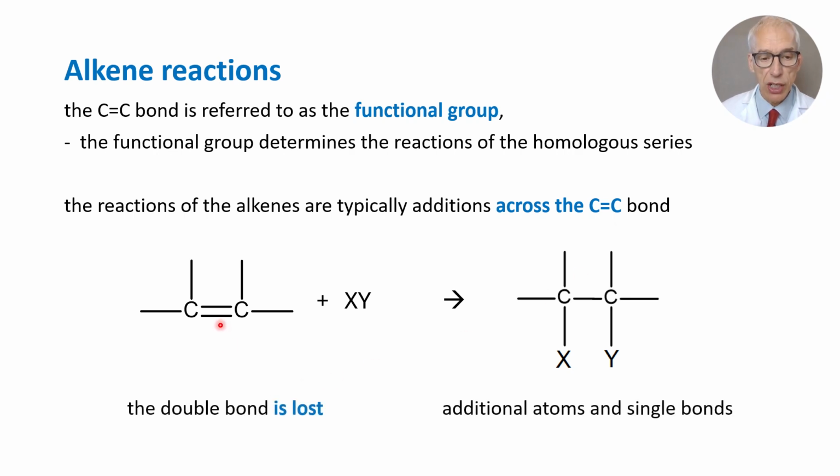You'll notice on the left-hand side, the alkene structure, the functional group, the double bond is lost in this reaction, and we have additional single bonds and additional atoms within the molecule. So that pattern is repeated in the next 3 reactions.